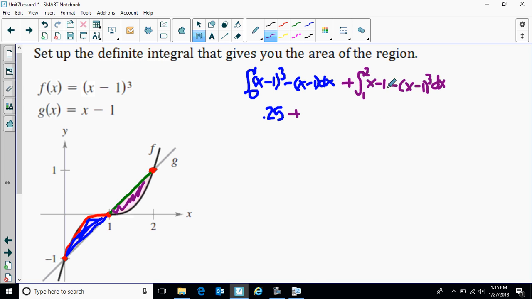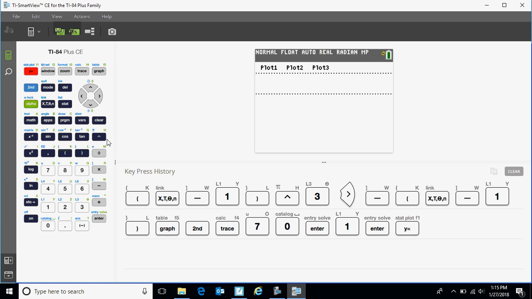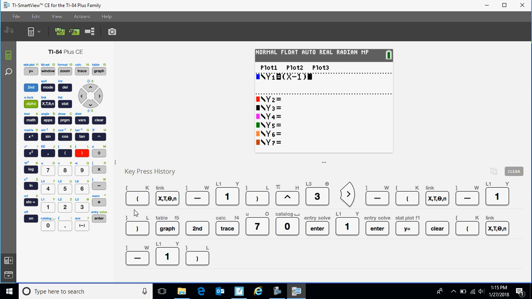So now for my purple one, I'm going to put that function in and integrate it from 1 to 2. So I'll go back to y equals, clear that out, and I will put in my linear function and then subtract my cubic function.